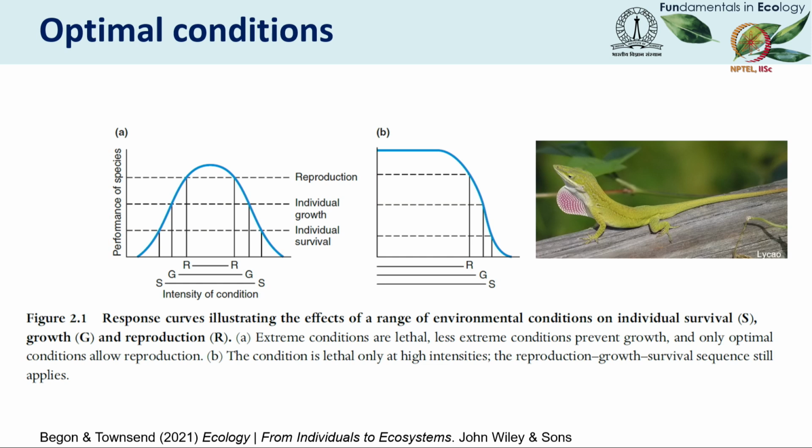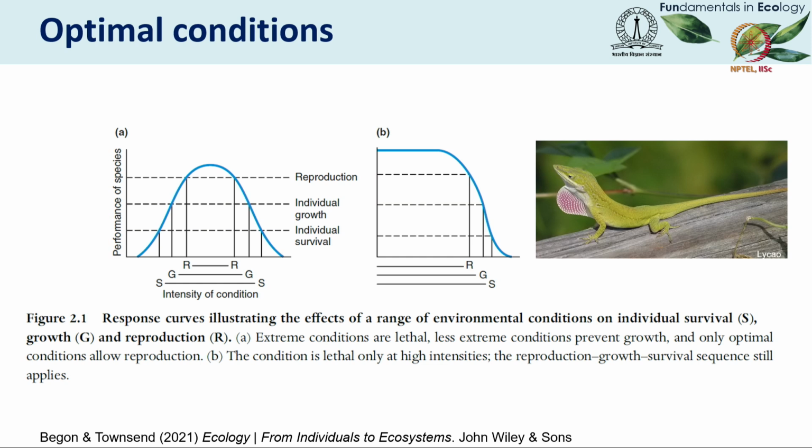The environmental conditions need to become more optimum for that species, so that it is not simply surviving but is also able to reproduce and grow. So the range within which a species can survive on some environmental condition gradient can be larger than the range in which a species can grow, which can be larger than the range of that environmental condition in which a species can actually reproduce.